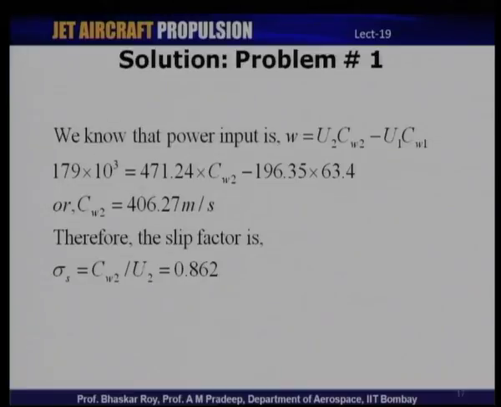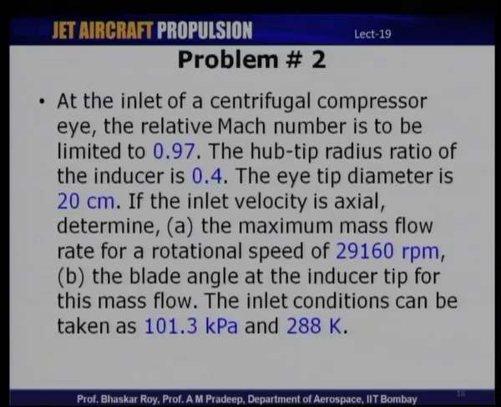So, the next question that we are going to solve is the following. At the inlet of centrifugal compressor, the relative Mach number is to be limited to 0.97. The hub to tip radius ratio of the inducer is 0.4. The eye tip diameter is 20 centimeter.